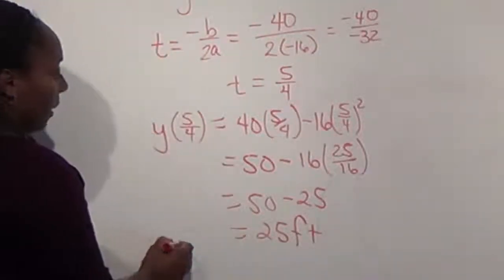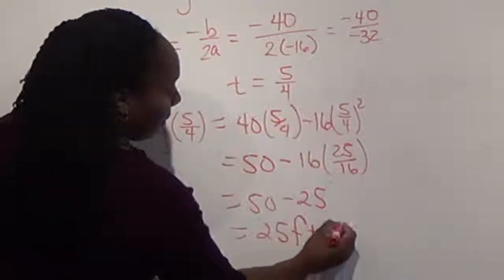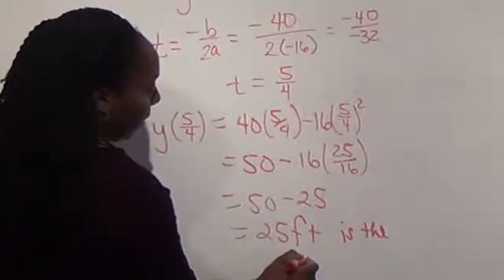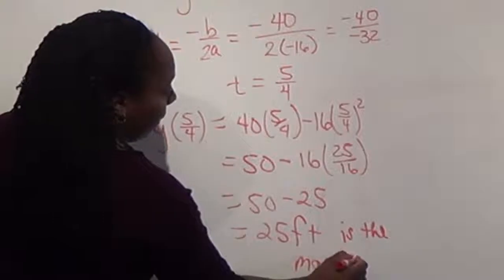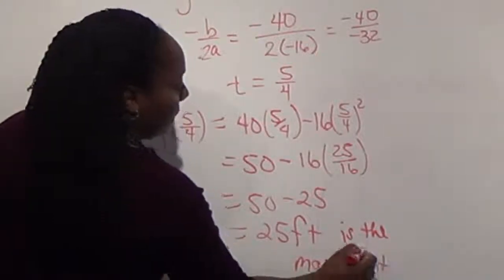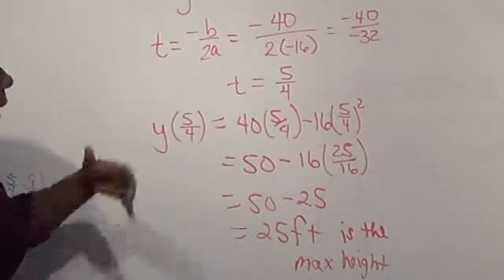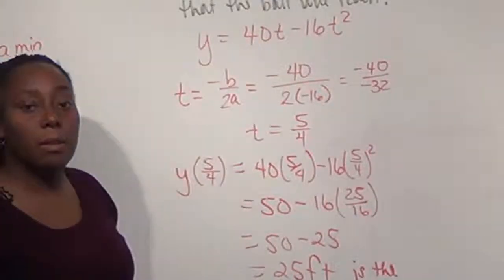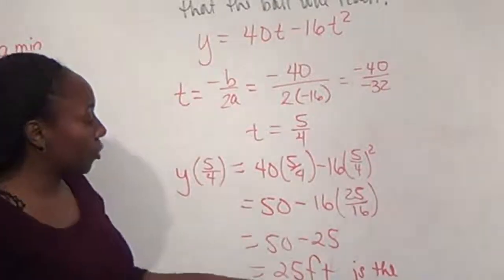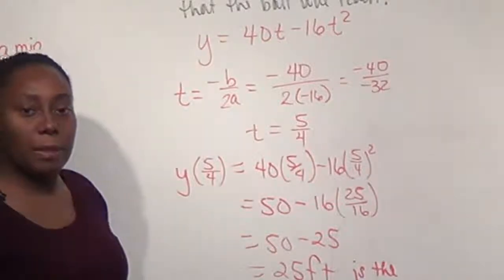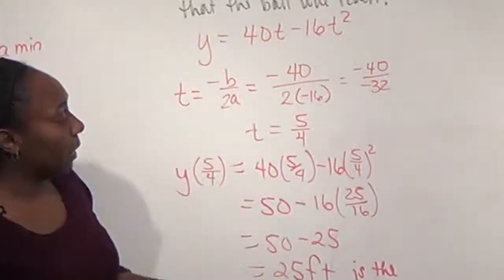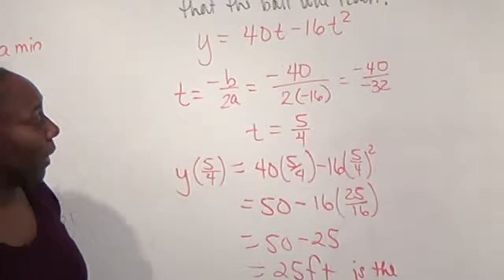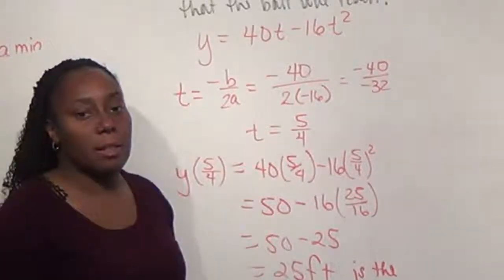So this tells me that 25 feet is going to be the max height. Okay. And again, there are other ways you can check this. You can use completing the square, and you can find the vertex, and you should find that it's 5/4, 25. But this way, because we don't need any other information, that's a nice way to go.